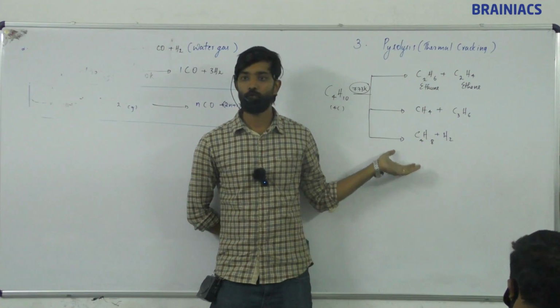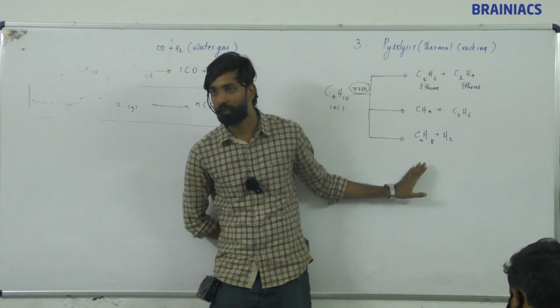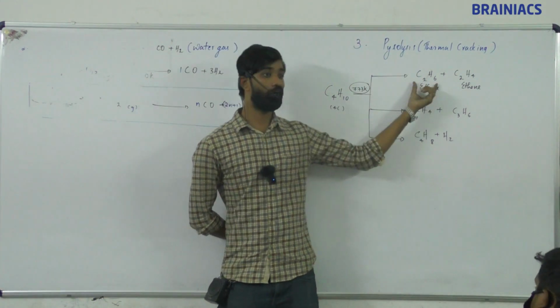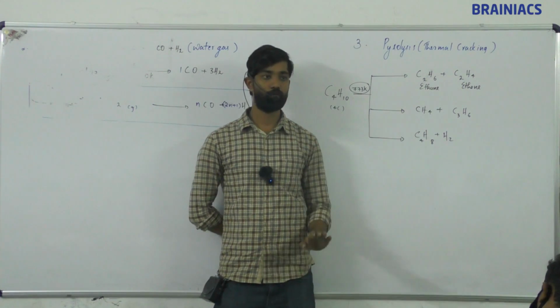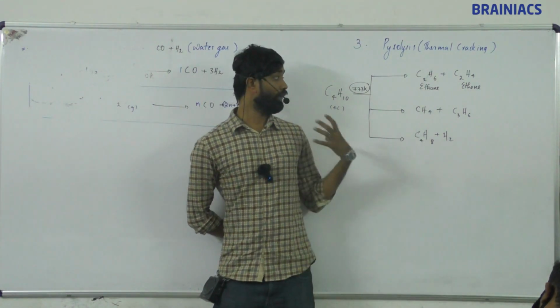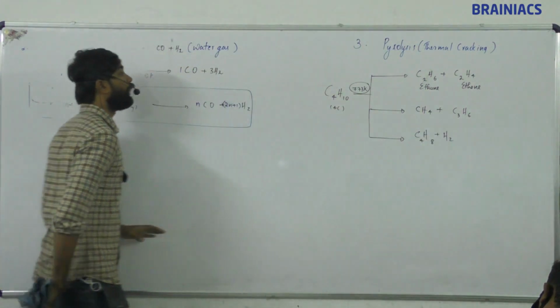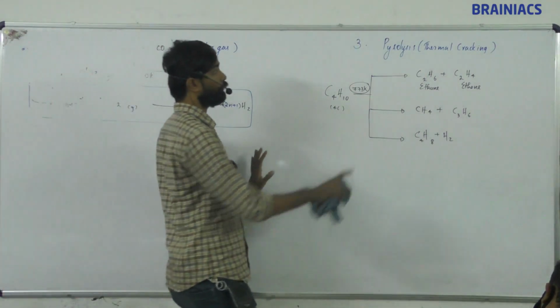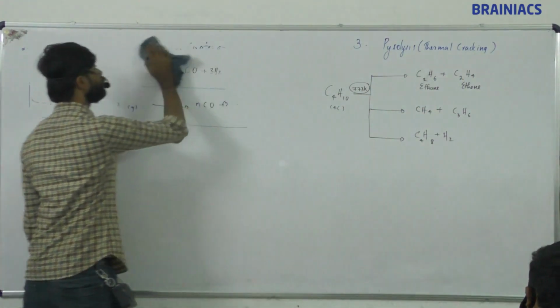You may be asked to identify the reaction, so you can identify it as thermal cracking or pyrolysis. Or if one is given, you may be asked to find the other. That's the only idea for asking questions from this one. Identification is the only thing which can be asked here.